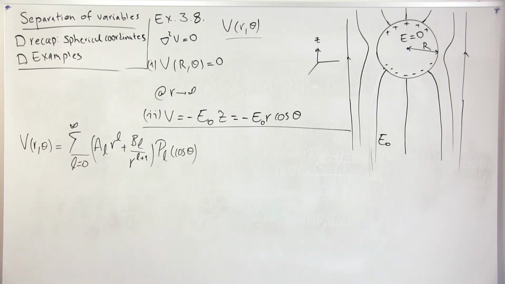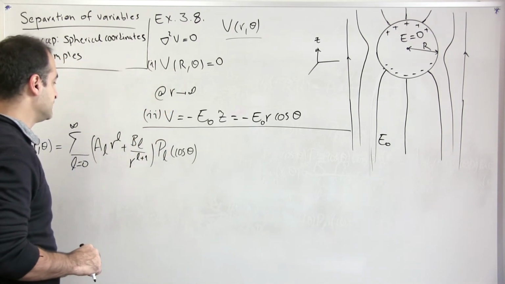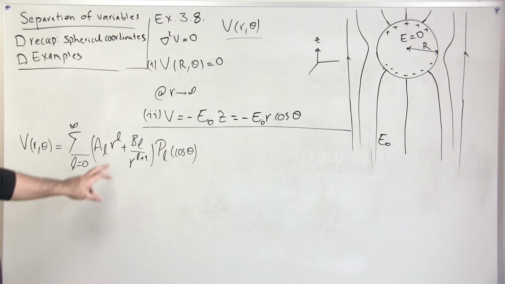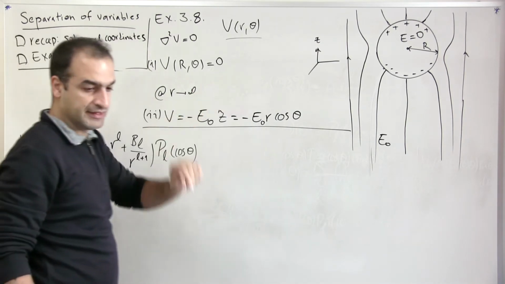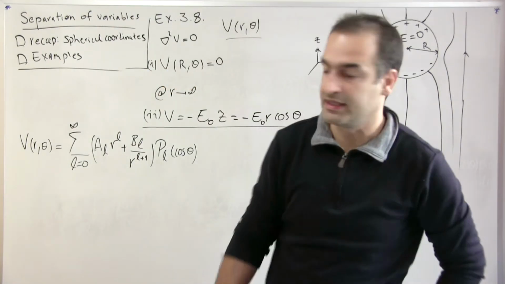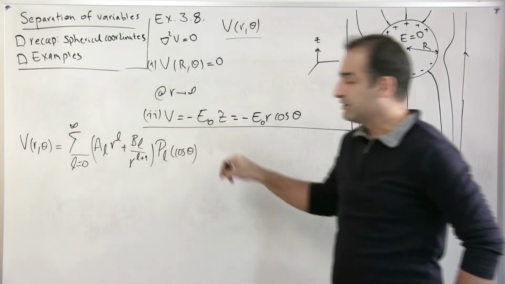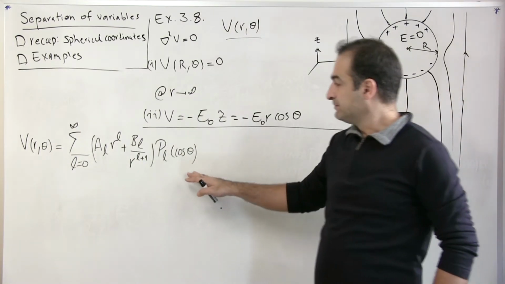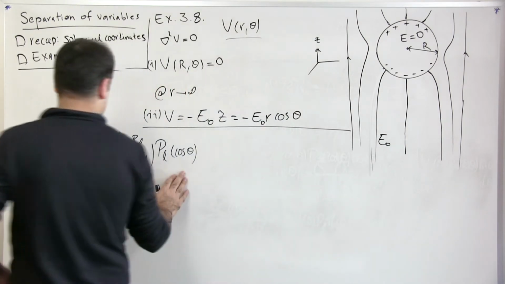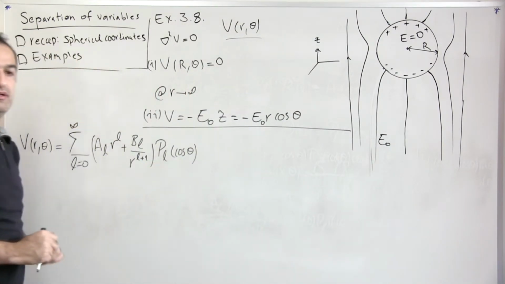Okay, now first look at the first boundary condition. That means if the radial distance is equal to the radius of the sphere, the potential must be 0, okay? Now what we have here is some r-dependent term multiplied by the Legendre polynomial.